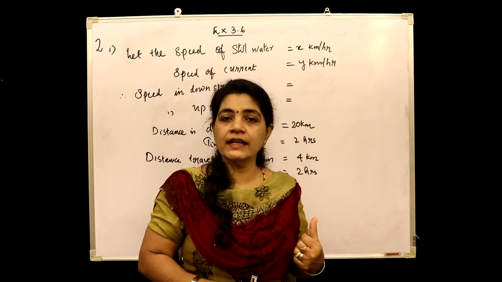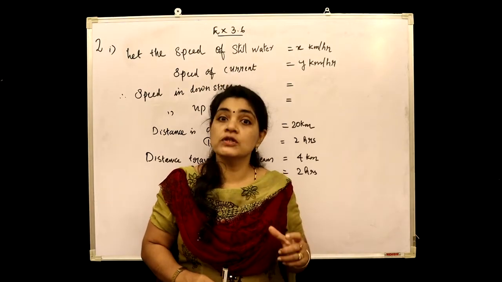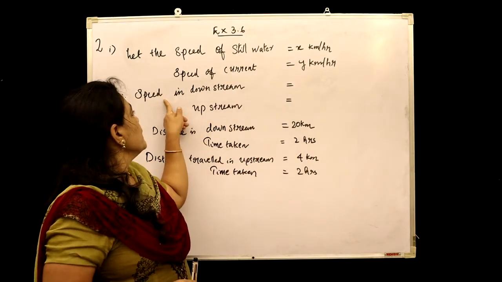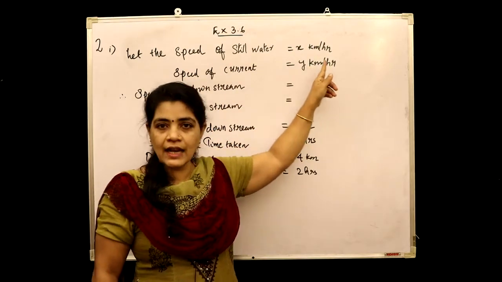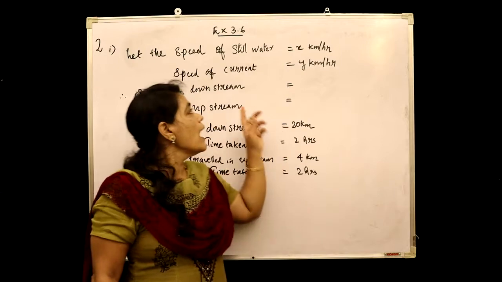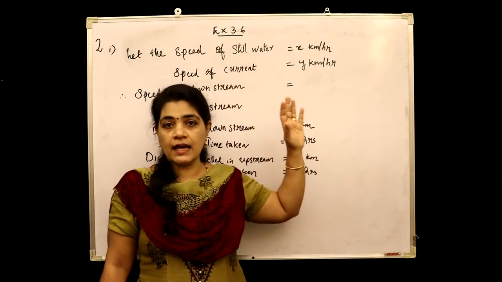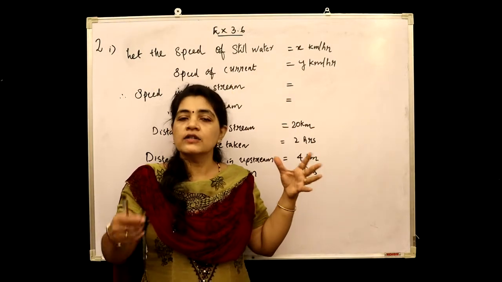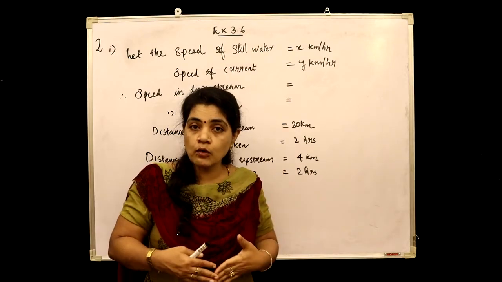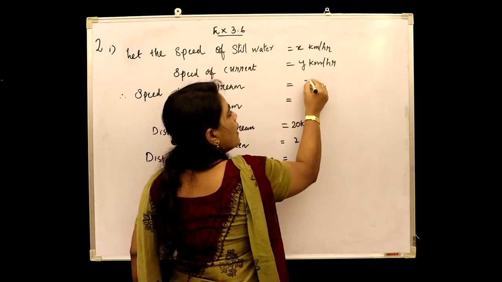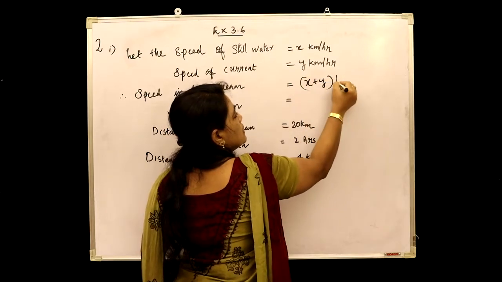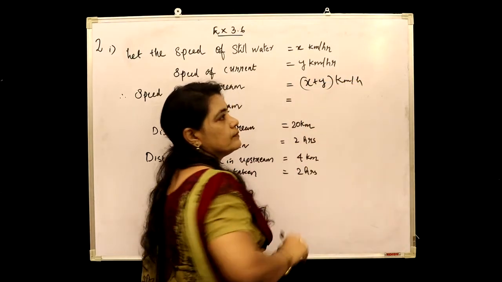Since we have taken the speed in still water as x kilometer per hour and the speed of current as y kilometer per hour, in case of downstream the speed will be x plus y kilometer per hour.